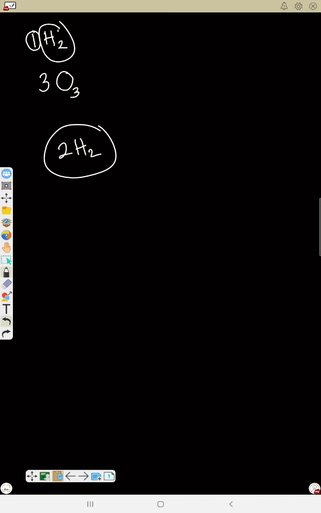So now, when writing the chemical formula representing more than one molecule of an element, the numeral indicating the number of molecules is written first, followed by the chemical formula of the element.